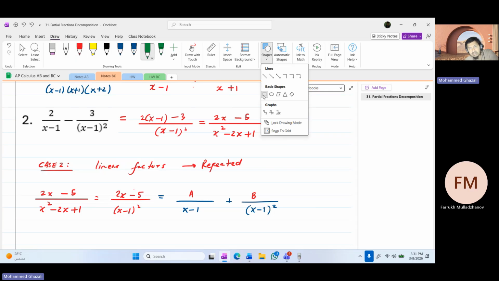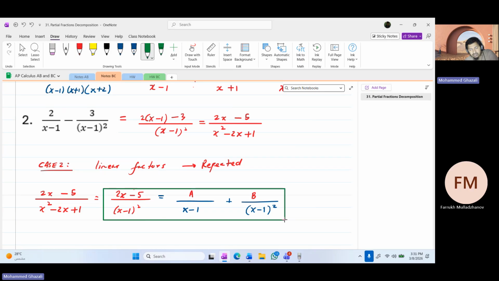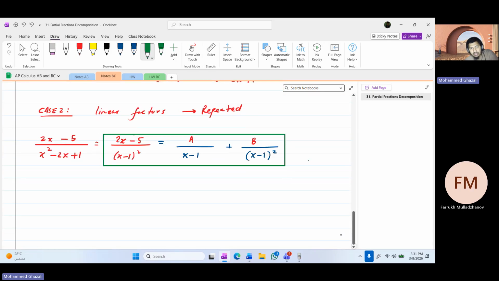Now your focus should be here now, because from the factorized portion to this, solve for A, B by making an equation. So we'll solve it in a similar way to what we have done before. So we can say this implies, remember this is identical to, this implies that 2x minus 5 is now equal to A into x minus 1 plus B. Okay?